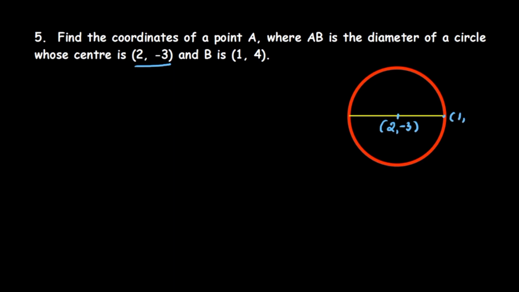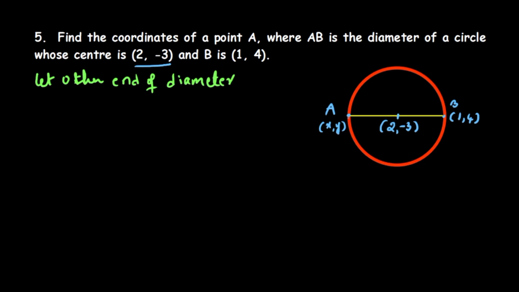This is one end of the diameter, point B, and we need to find in this problem the other end, that is A. This A we are going to take as (x, y). Let the other end of the diameter be A (x, y).